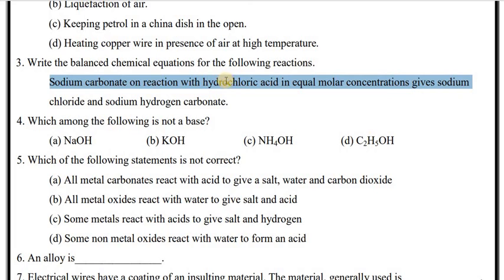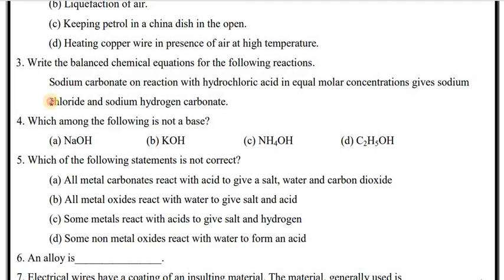These two substances react with each other, and in equal concentration give sodium chloride and sodium hydrogen carbonate. Here we have to write not only the equation but the balanced chemical equation. Whenever a balanced chemical equation is asked, we have to balance both sides, and also mention the physical state of the substances.